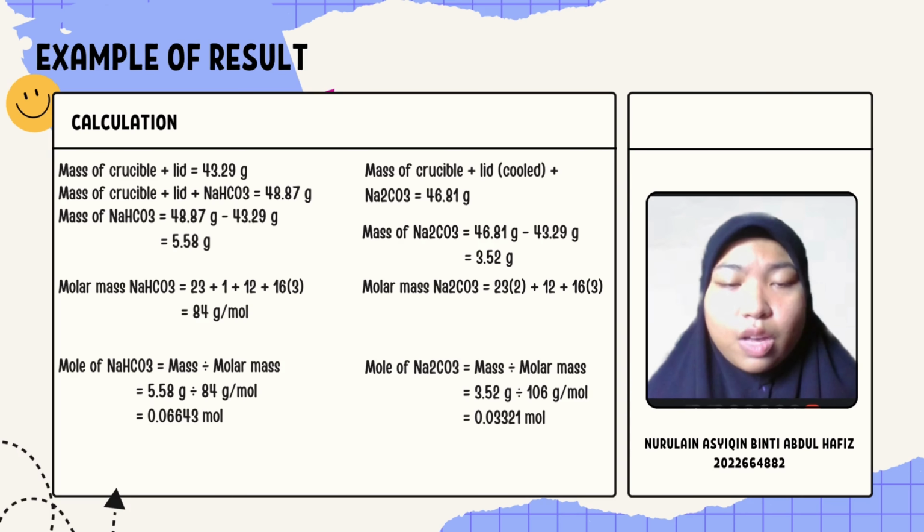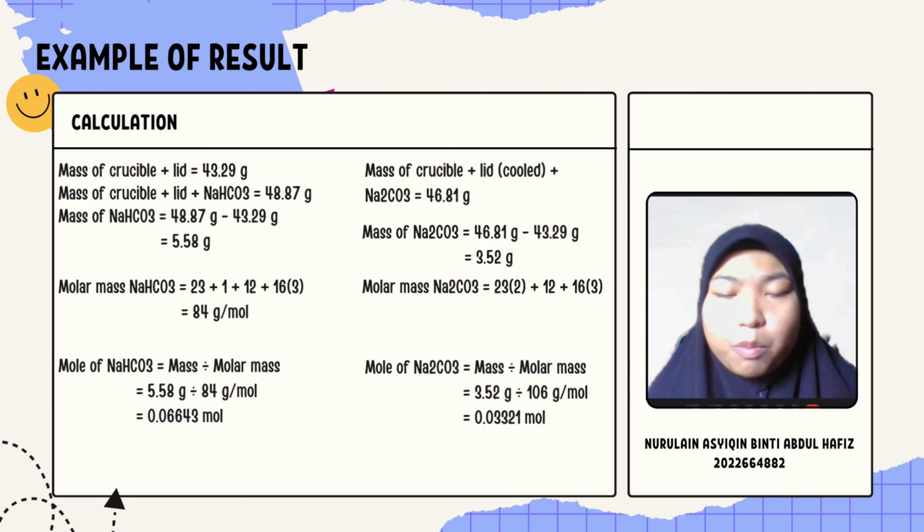In this slide, I will show you how to do the calculation for this experiment. We have to find the mole and the mass of NaHCO3 and the mole and the mass of the product, that is Na2CO3. First, the mass of the crucible plus lid is 43.29 gram, and the mass of the crucible plus lid plus NaHCO3 is 48.87 gram.